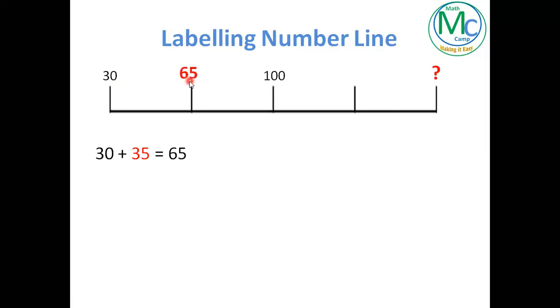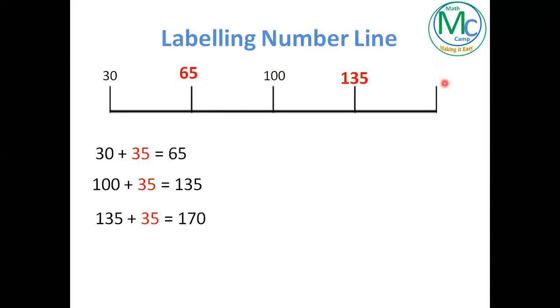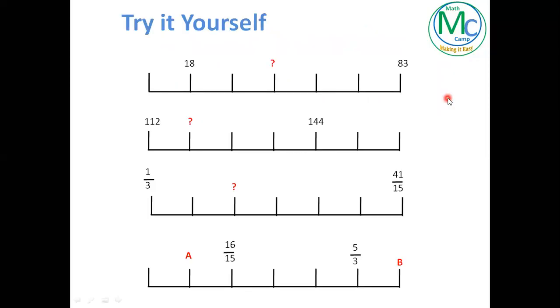The value of this point is 65. 65 plus 35 is 100, which is already there. Then 135, and 135 plus 35 will give you this number, which is 170. Well, the missing number of this number line is 170.